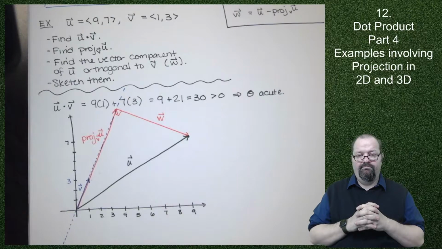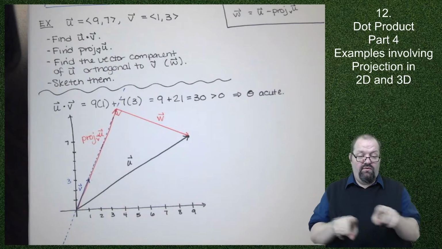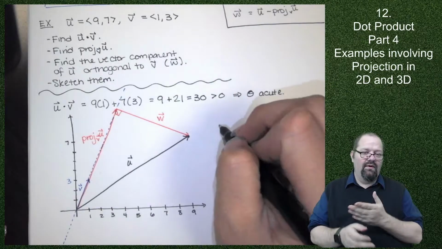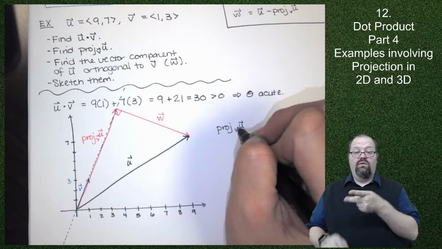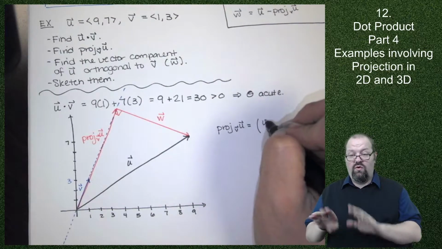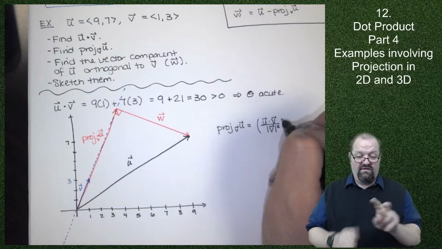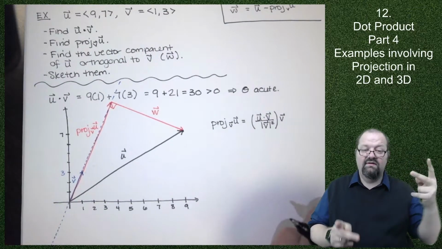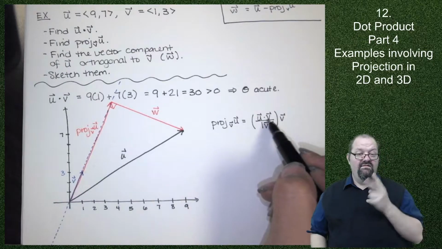All right, so now let's just use the formula to find the projection of u onto v and see if that agrees with our picture. Well, according to the formula, the projection of u onto v is the dot product of u with v divided by the length of v squared times the vector v. Okay, so I've got v here, and I already know the dot product.